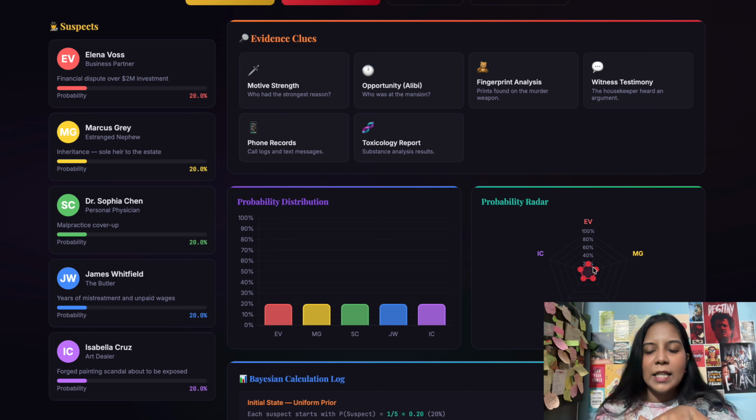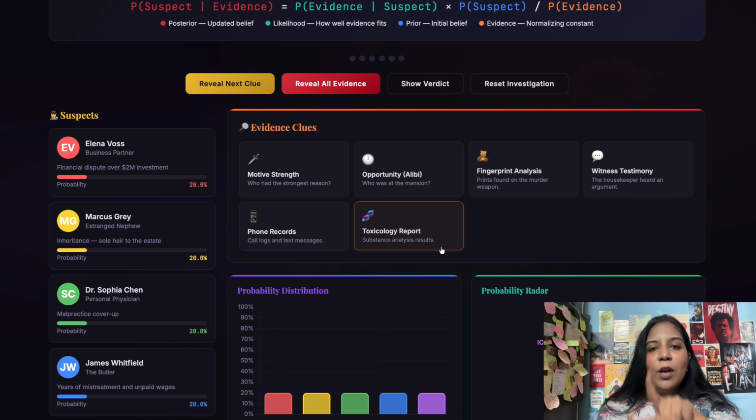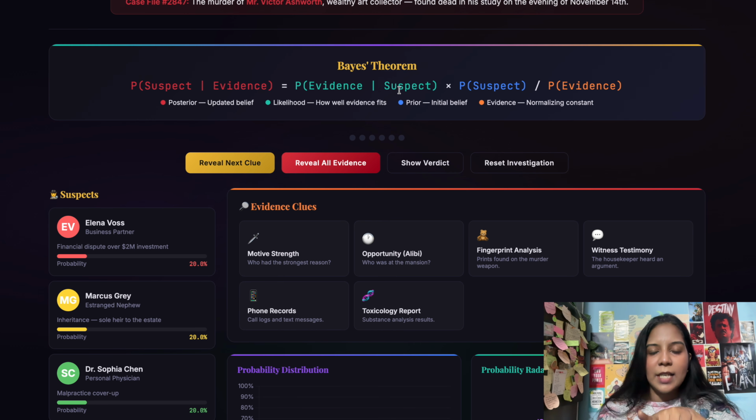So far it is equally spread. Everybody might be having a 20 percent chance, because it's 1 out of 5, right? So we have a suspect, the prior suspects, let's take Elena, and the evidence that we collected is around these many. With that, we can conclude a 20 percent chance that this person would have committed the murder.